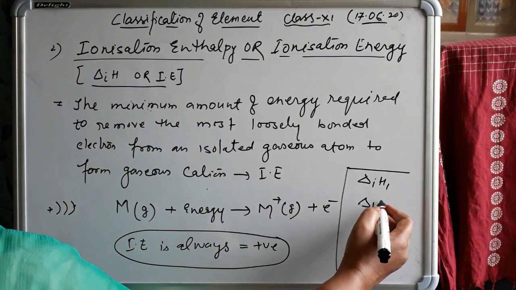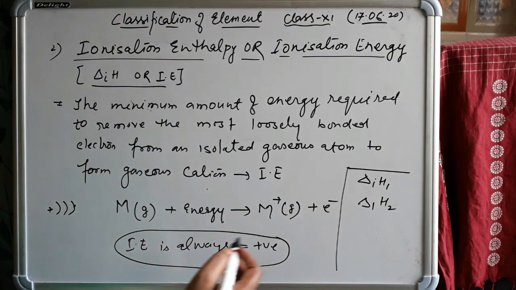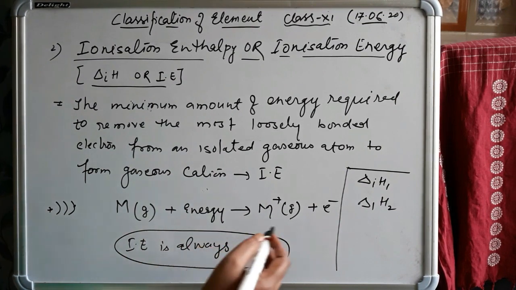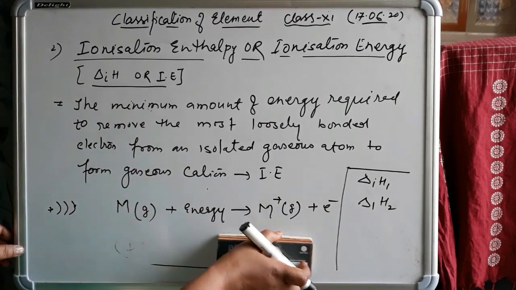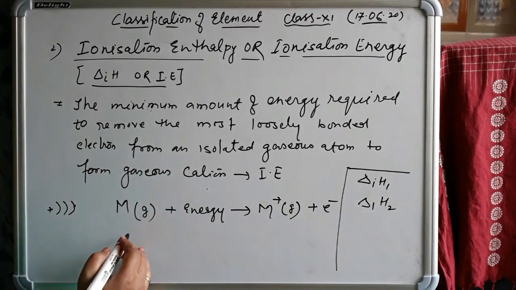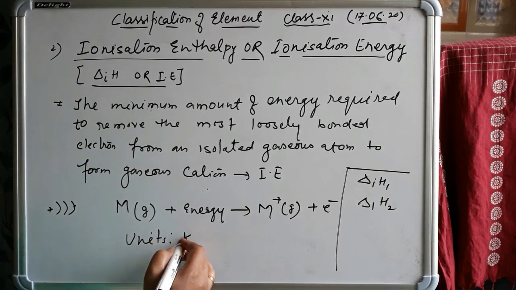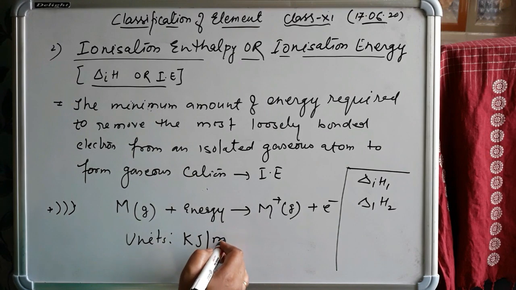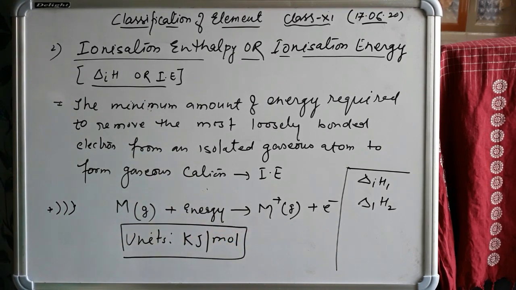If we remove a second electron, it is called the second ionization enthalpy. The unit of ionization enthalpy is always kilojoule per mole. This is the simple definition to understand what ionization enthalpy is.